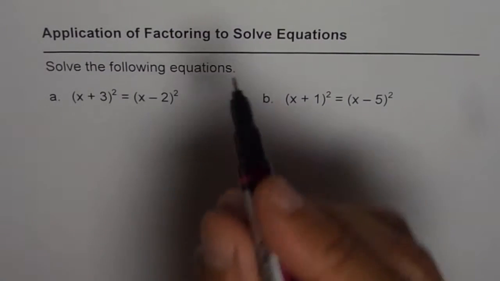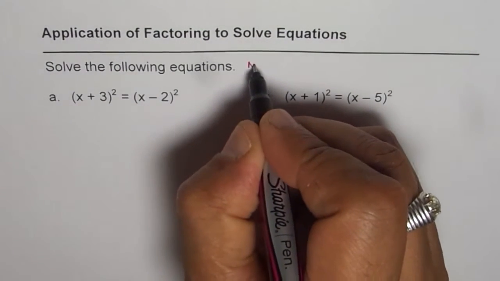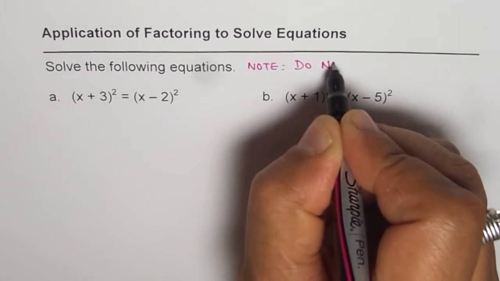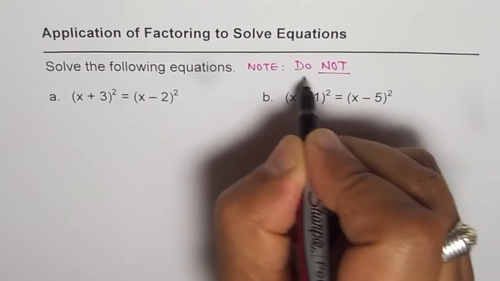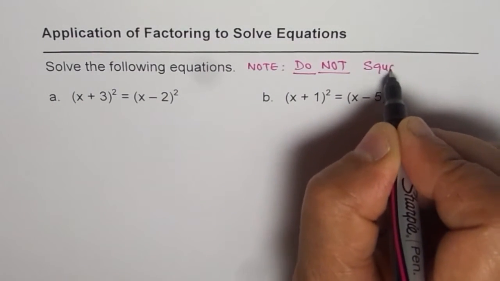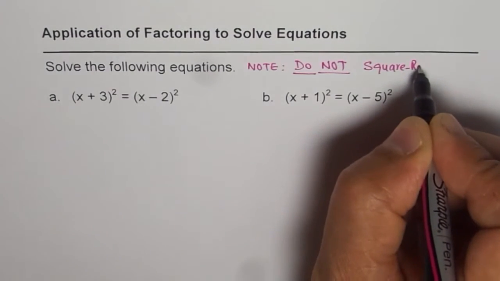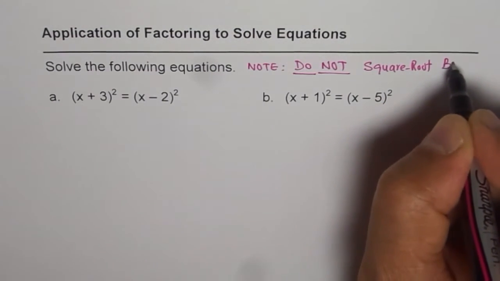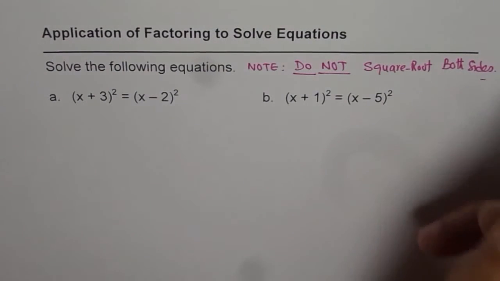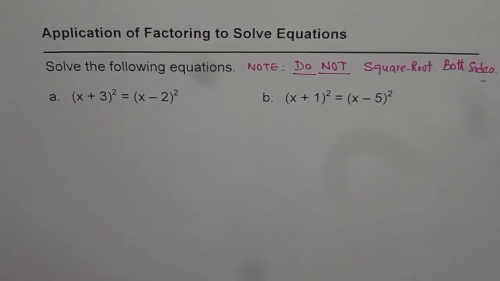So a word of caution. Note, do not square root both sides. That is important, right? If you do that, you will incorporate error.